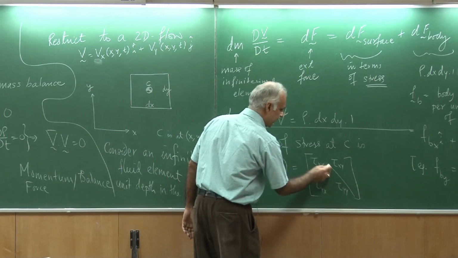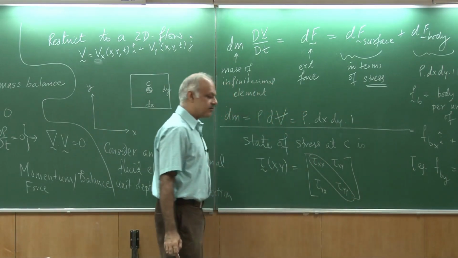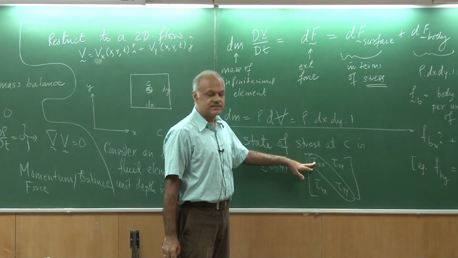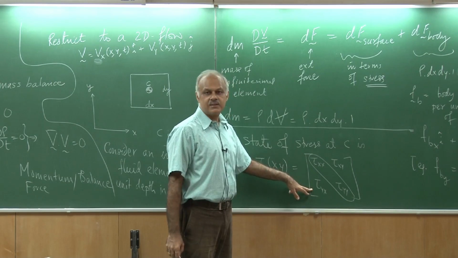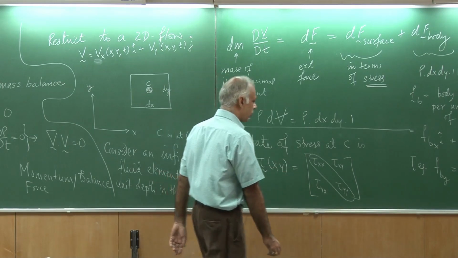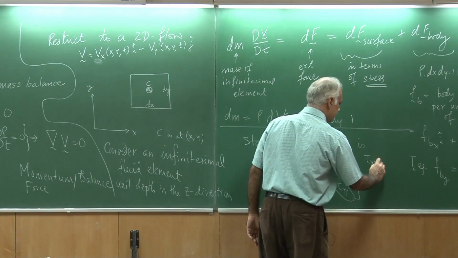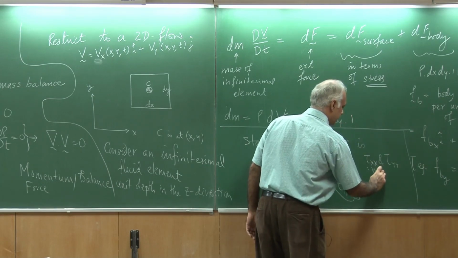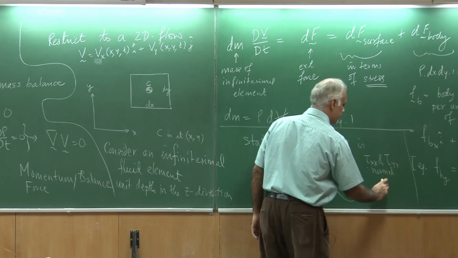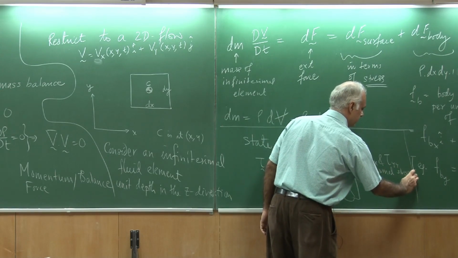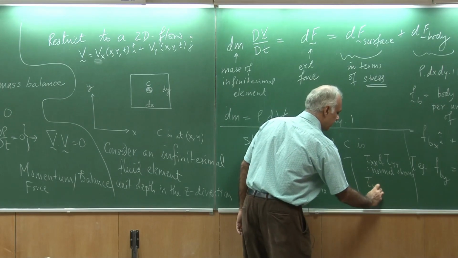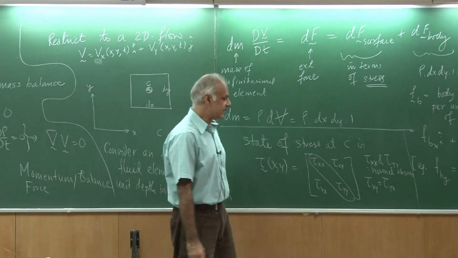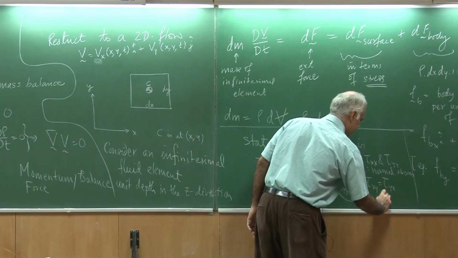These terms, the diagonal terms, I would like to recall for you, are normal stresses, and the off diagonal terms are shear stresses. So, tau xx and tau yy are normal stresses, and tau xy, which is equal to tau yx because this is symmetric, is a shear stress.